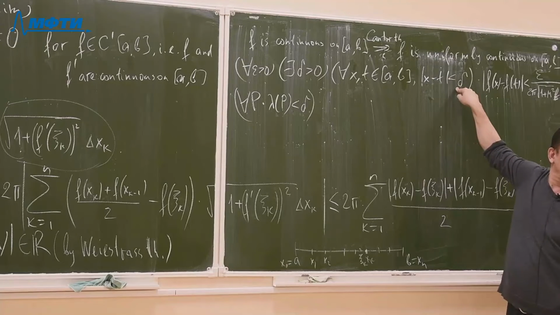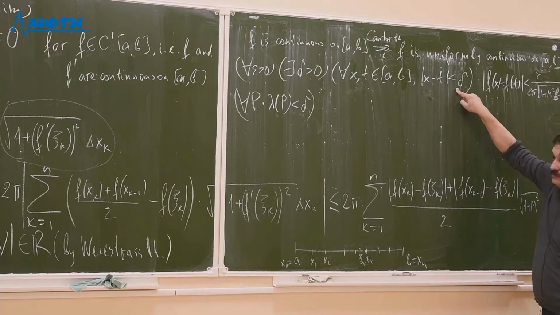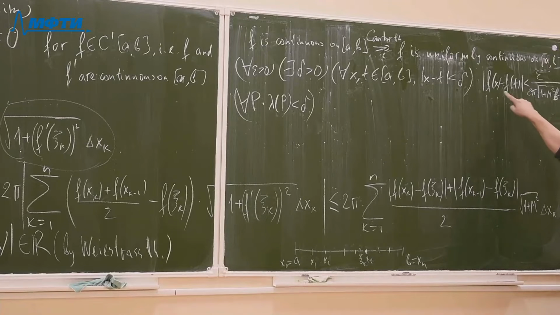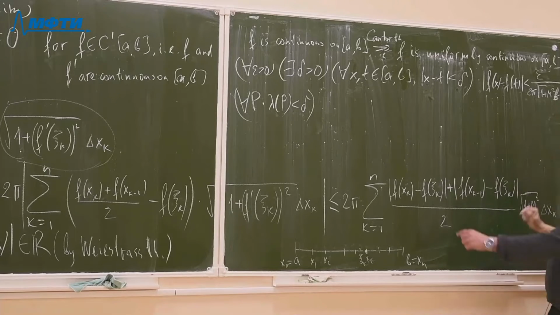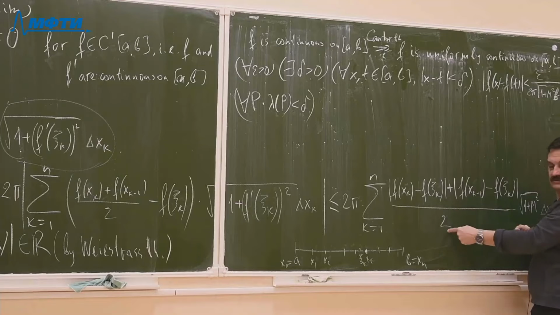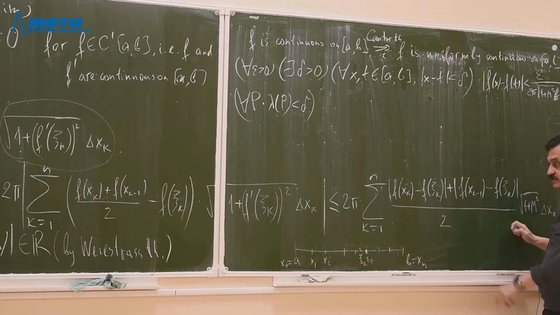The length is less than delta, right? Then what? We know the difference between values of the function is less than this number. And the same estimate can be applied for the second term. So we have two equal estimates. So divide by 2, and we have just one estimate.